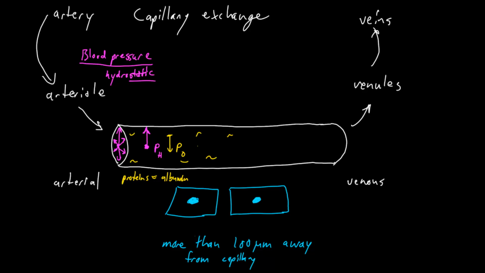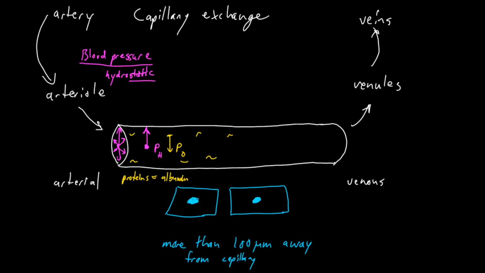Now, on the arterial end of the capillary, the hydrostatic pressure tends to be higher than the osmotic pressure. So overall, if you think of this like a tug of war, the hydrostatic pressure is winning, and it's trying to push fluid out of the capillary. And it does so.